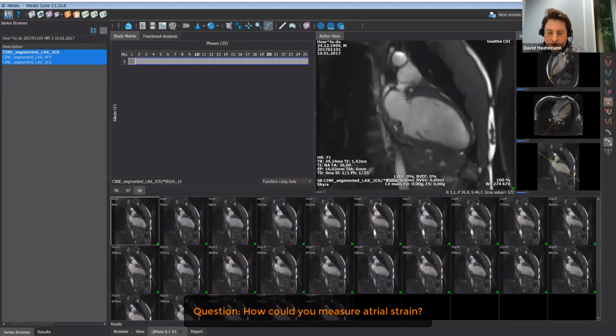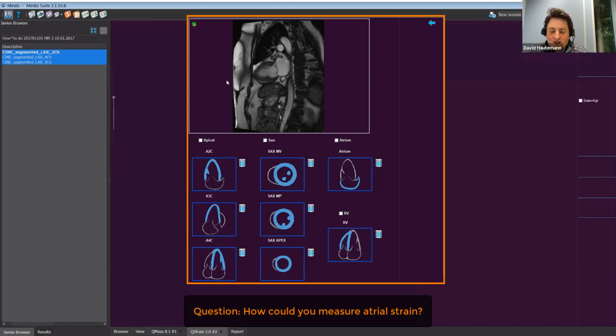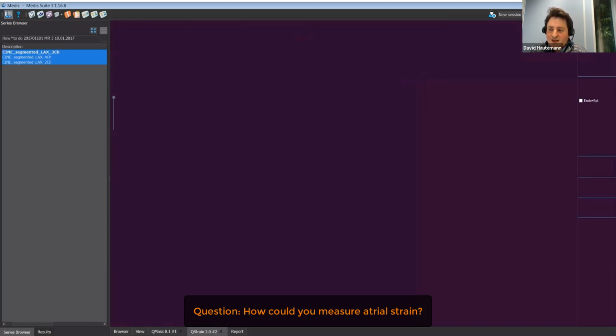actually it can be done in all 3 chambers. You could also do it in 1, and then the contours and the data can be loaded into the QStrain application. So when going now to QStrain, what you cannot see unfortunately at the moment is that you can pick which analysis you want to do. So there's a dedicated 2-chamber long axis view for the atrial strain, but you could also kind of misuse the left ventricular strain analysis and load 3 atrial strain contours in.